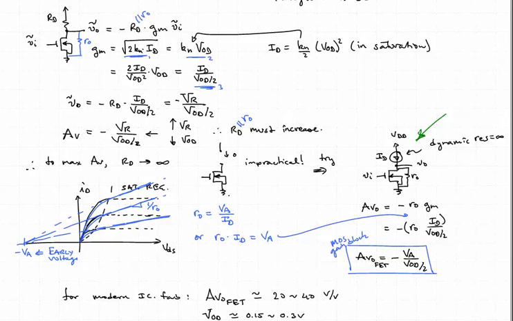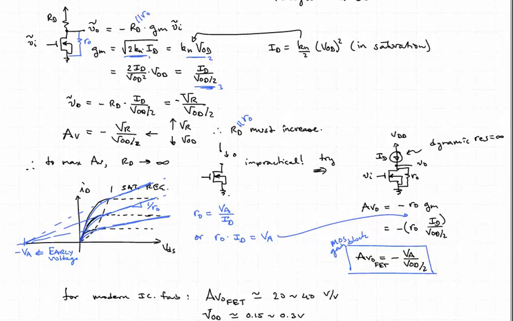In other words, a portion of the output comes back and will adjust the input signal, the signal that is being fed in here is VI, in such a direction as to tend to stabilize V out, or that drain voltage, to an operating point that is somewhere between 0 and VDD. So we're kind of taking this gain block out of a larger system, and you shouldn't think of it as something that would work on its own.